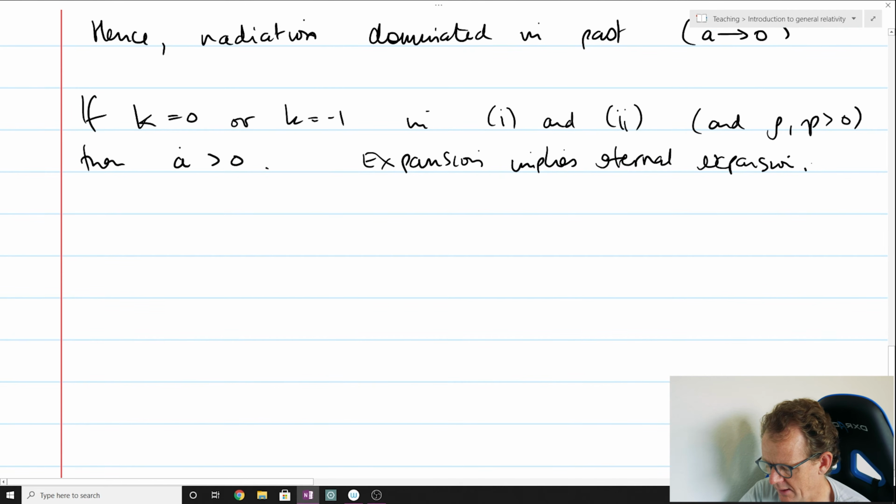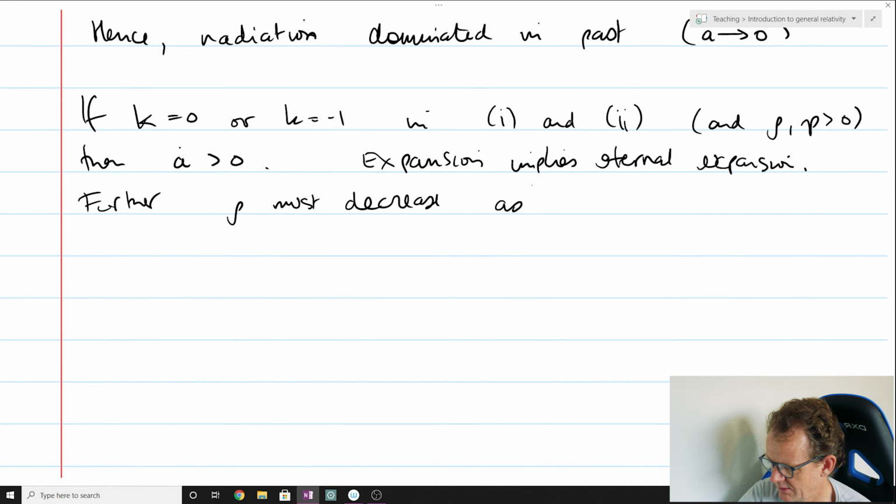In that scenario, when K is either flat, representing the flat spatial slices, or K is representing hyperbolic spatial slices, further, rho must decrease as A increases.